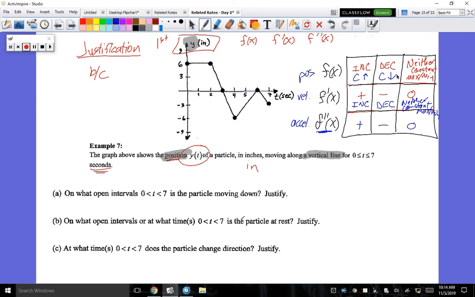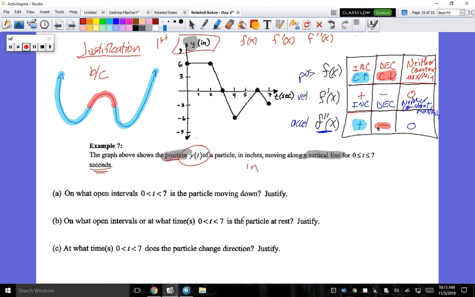For instance, if I had a graph that looked like this, this is a piece of concavity that is up. So this would be concave up, where f double prime would be positive. This would be concave down because it's part of a frown, and that's saying when f double prime is negative.